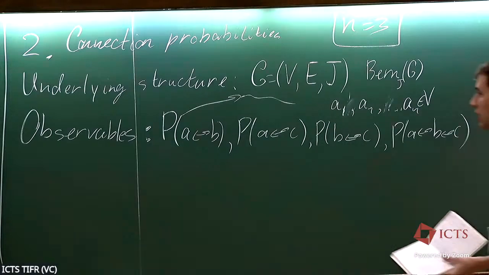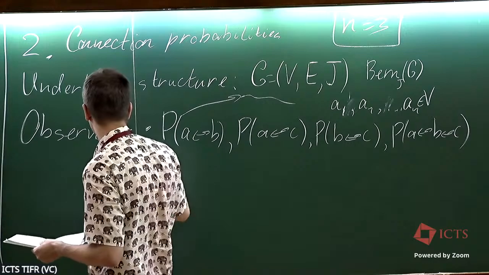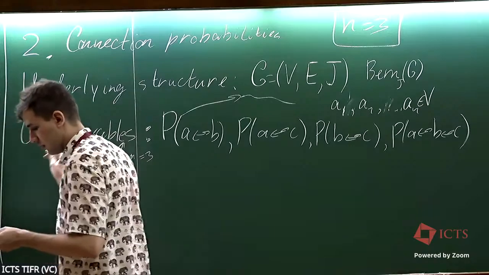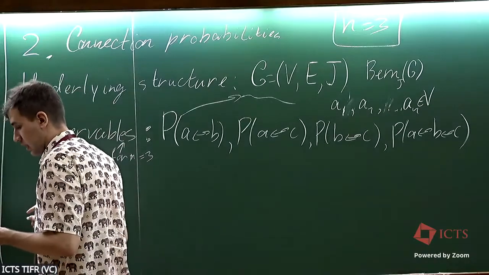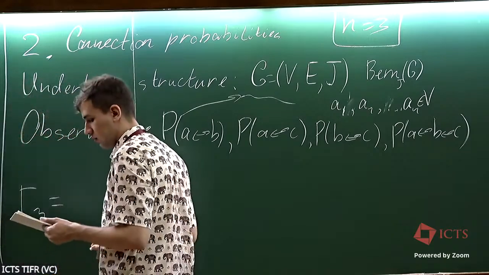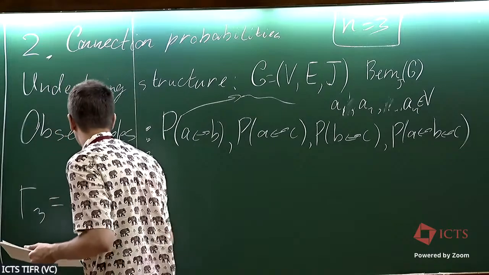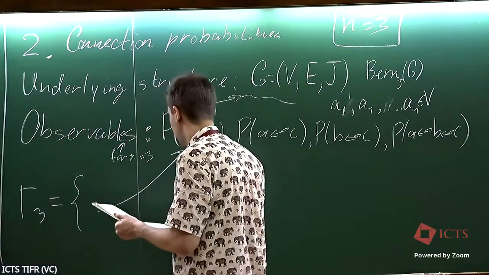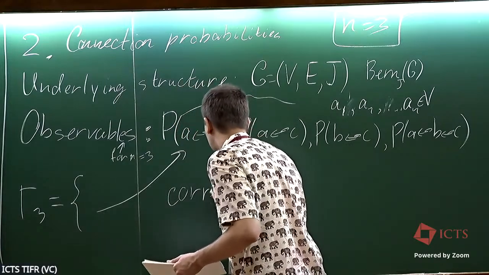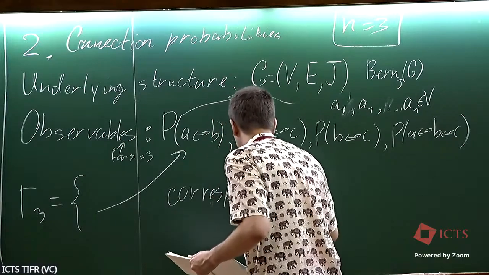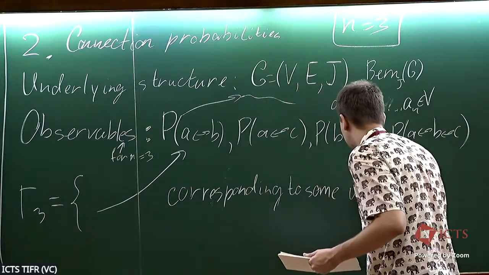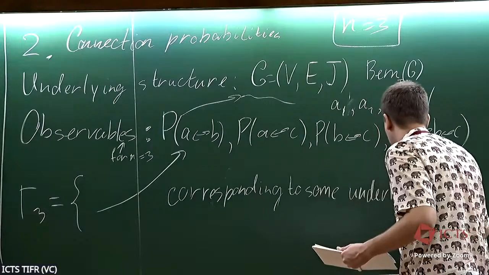So these are my observables. And I denote by, well, so this one is for n equal to 3. You can guess how to generalize it for more. So gamma 3 would be basically the set of this, which would correspond to some underlying graph.